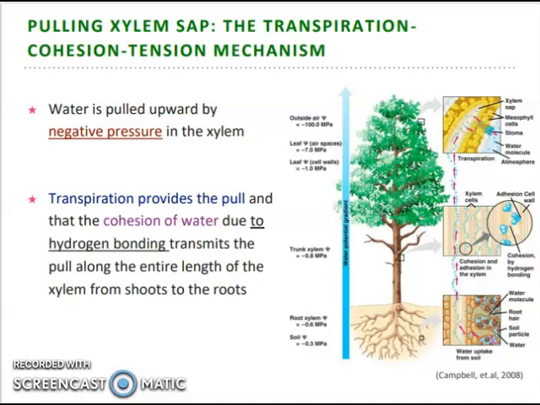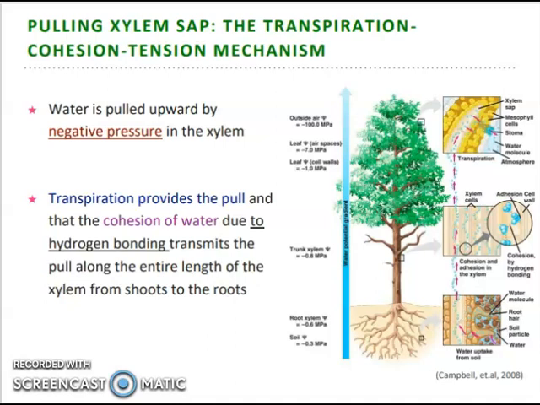Based on the title of this slide, pulling xylem sap, the transpiration cohesion tension mechanism, water is pulled upward by negative pressure in the xylem. Xylem sap, as I said in the previous slide, contains water and solutes, one example of solute being mineral, and it rises against gravity without the help of any mechanical pump. The xylem sap is largely pulled upward by the transpiration cohesion tension mechanism, also called transpirational pull.